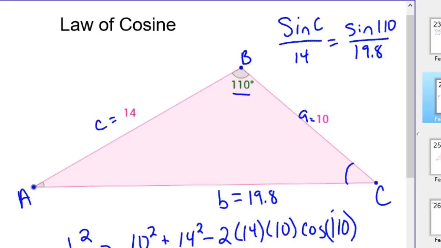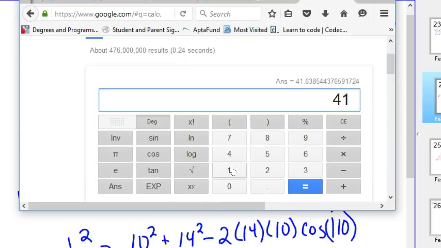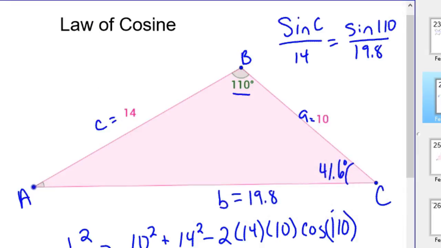So this angle right here, 41.6 degrees. And to find A, then you just take 110 plus 41.6 and subtract it from 180. I'll do that quick. This will give me the negative version of it, but it's 28.4 degrees because I went in the wrong direction, but it doesn't really matter.